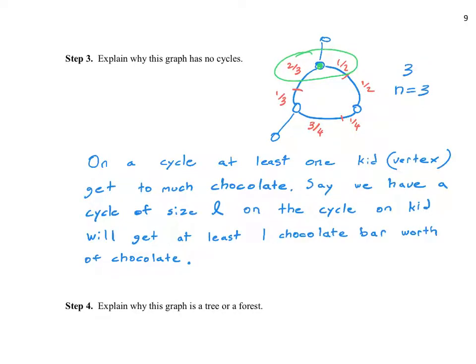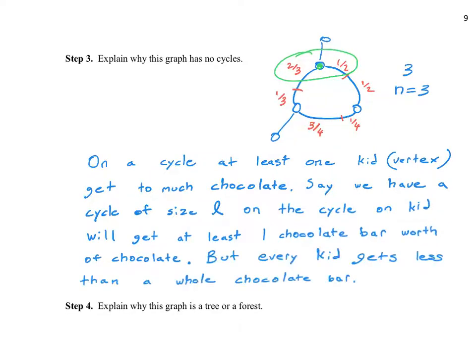Since on the cycle, we're equally distributing L chocolate bars, and every kid cannot get less than 1, else it doesn't distribute all the way up to L. So this is a problem because the initial problem states that every kid is supposed to get less than a whole chocolate bar. So this completes the proof of why there are no cycles.